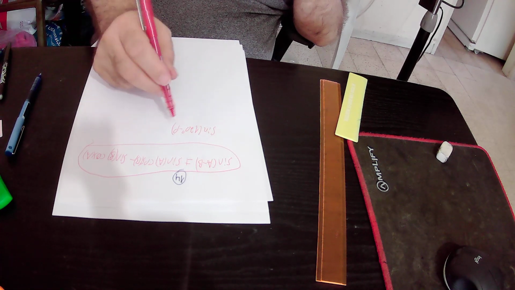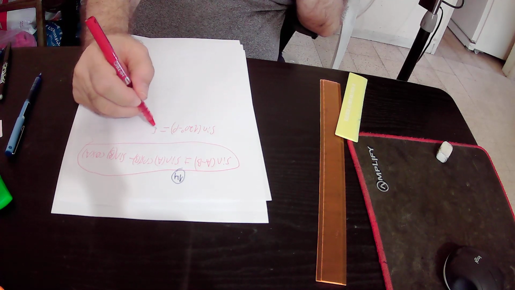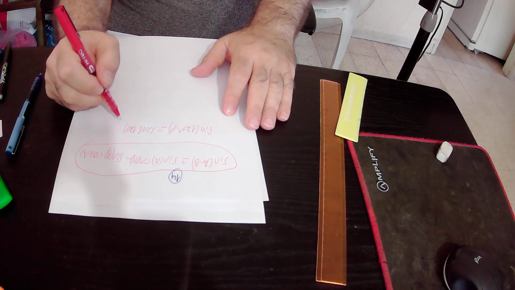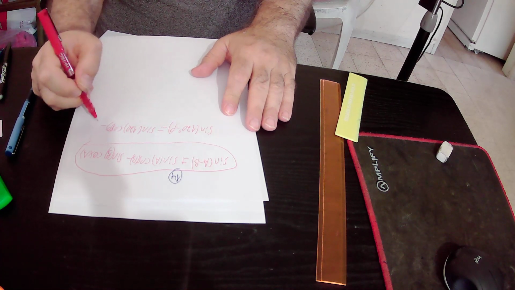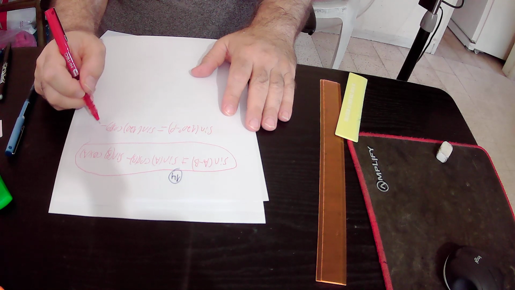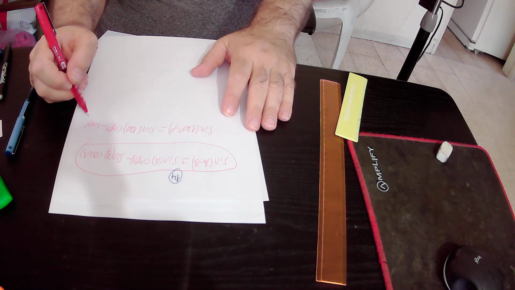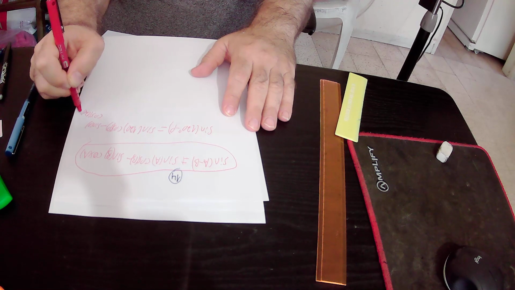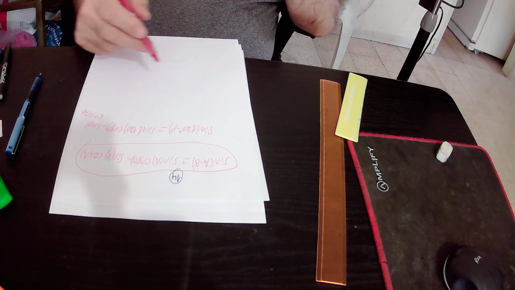According to this trigonometric identity, the value of sine 120 degrees minus p will be equal to sine 120 degrees times cosine p minus sine p times cosine 120 degrees.